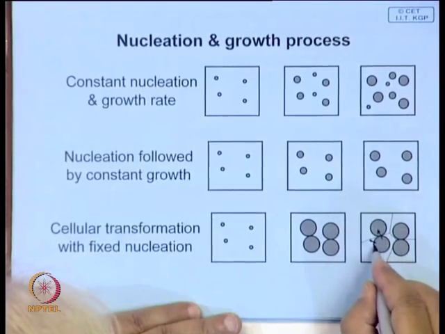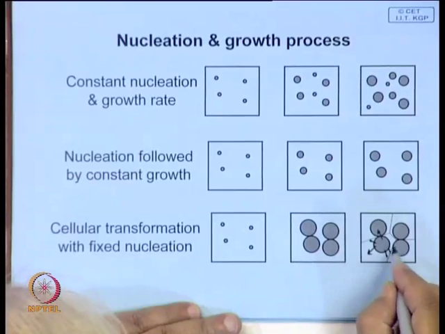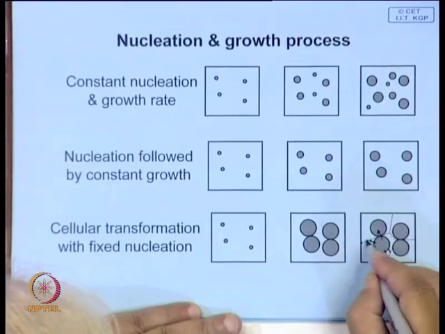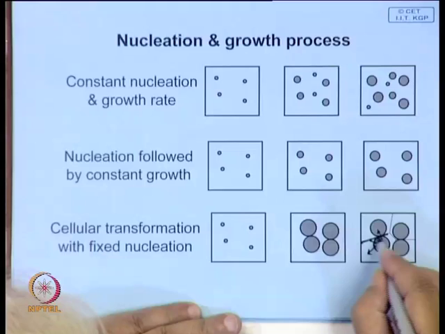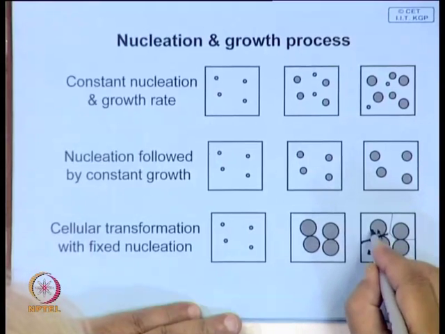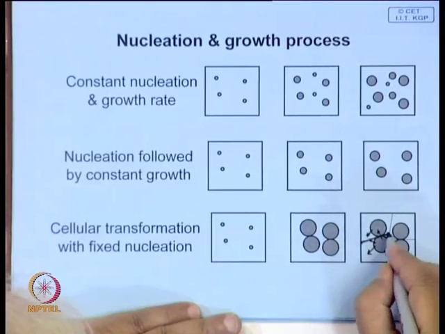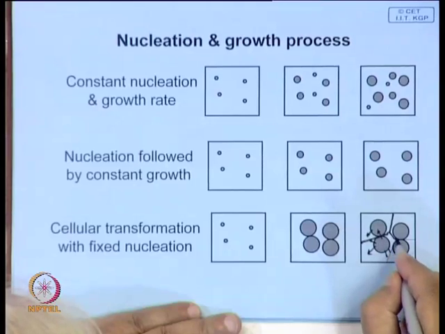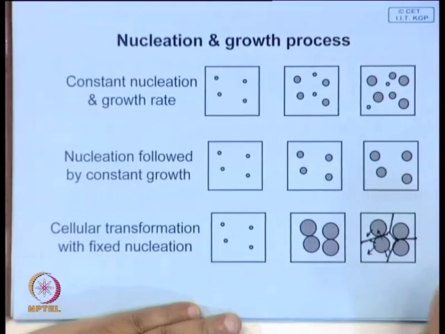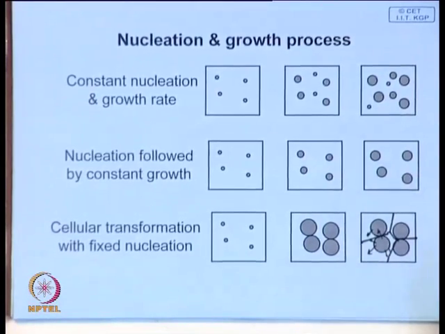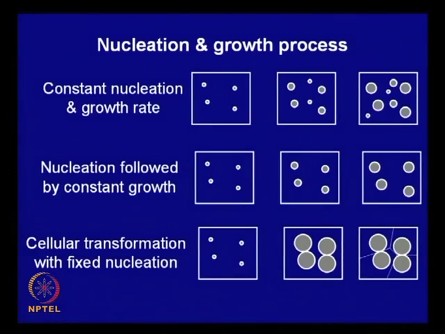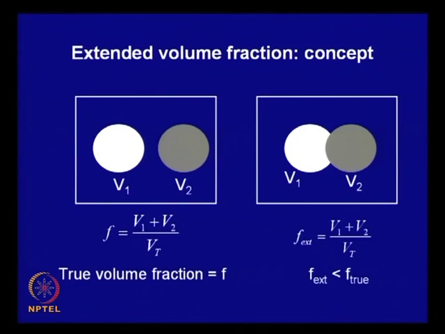This will grow in this direction, this can grow in this direction, and by the time this comes up to here, maybe this also will grow, and you have this kind of structure developing. So impingement is also an important factor, and it shows up towards the end of the precipitation or transformation process.